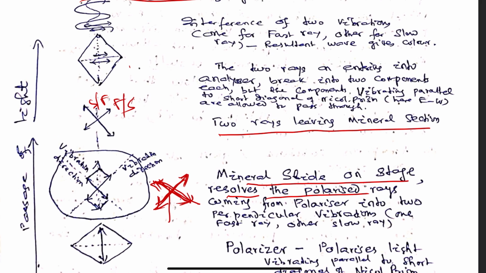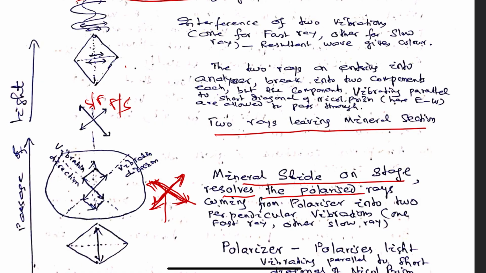This is the upper nicol, or the analyzer. This is the lower nicol or polarizer.